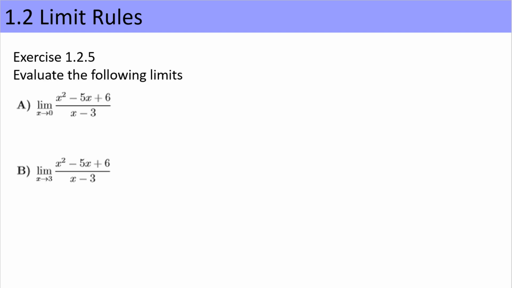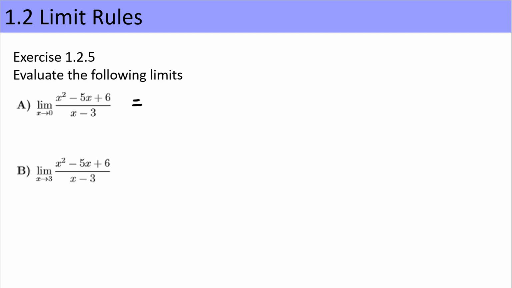Exercise 1.2.5. Evaluate the following limits. Part A, the limit as x approaches 0 of the quantity x squared minus 5x plus 6, all divided by the quantity x minus 3. We'll use the rule for rational functions here and just plug in.